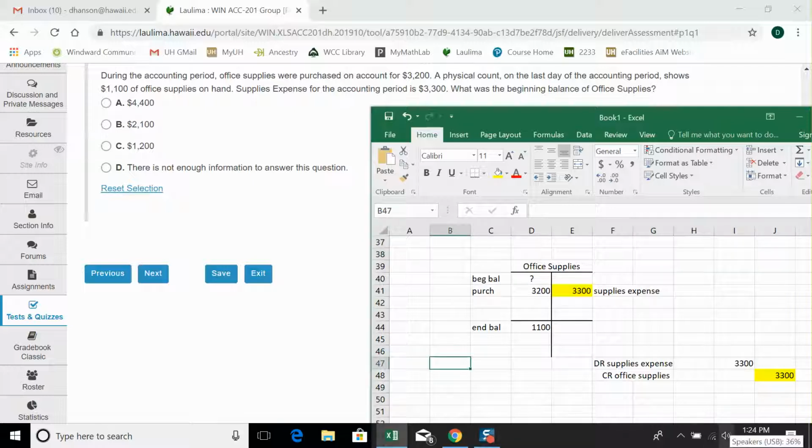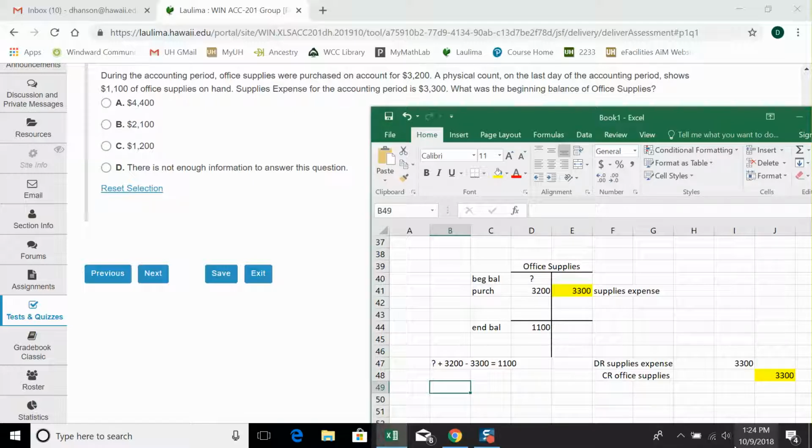So I'll use my question mark as the variable, instead of x or n, right? So what plus 3,200 minus 3,300 equals 1,100. Okay, so a little bit of algebra if you do it this way, and then you could move like terms.